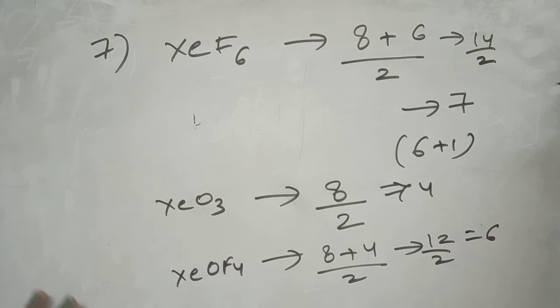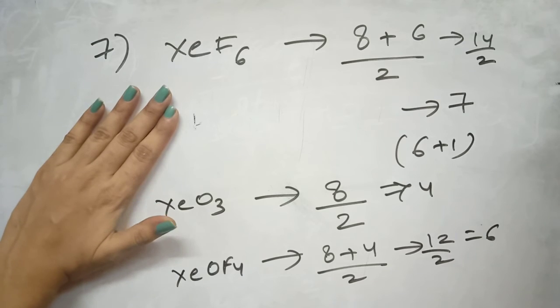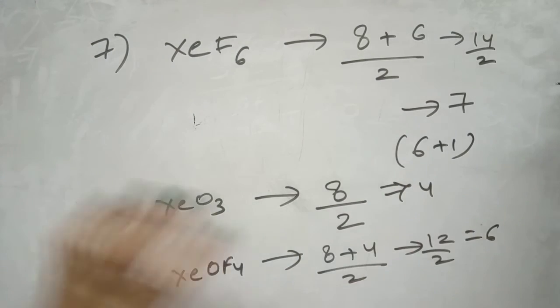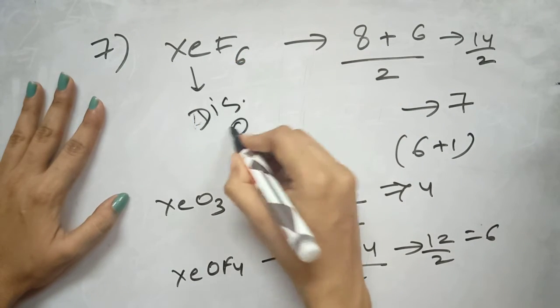So I'll first tell the structure of these. XeF6 is basically 6 plus 1, that means it is distorted octahedral.